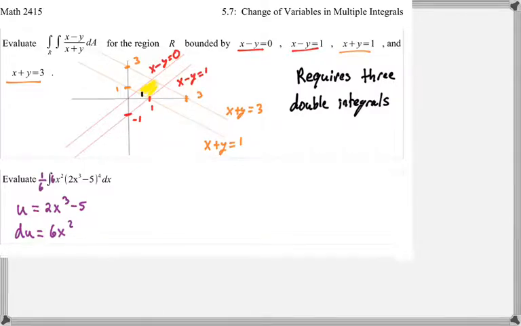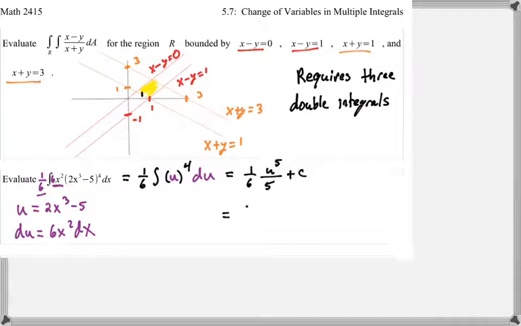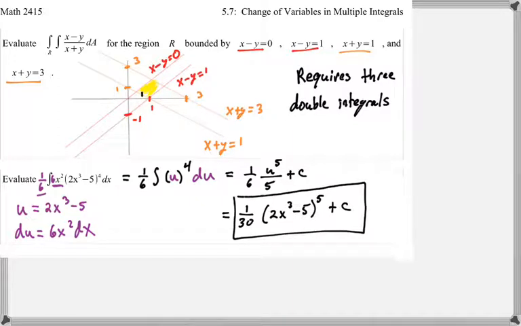And so we want to get a good match there, so we can introduce a factor of 6, and then we need to offset that factor of 6 by introducing a factor of 1/6. So those will absorb, and so we'll just have the 1/6 out in the front, and we'll be left with the integral of u to the 4th du, and so we're going to have 1/6 u to the 5th over 5 plus the constant of integration. So that's going to be 1 over 30 times the quantity 2x cubed minus 5, to the 5th power, and then plus your constant of integration.